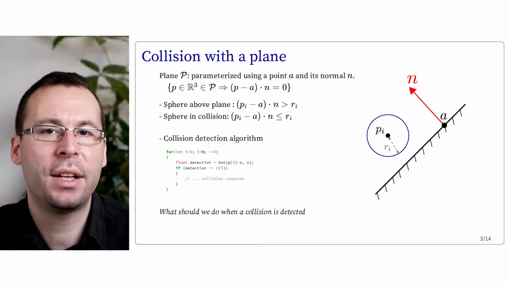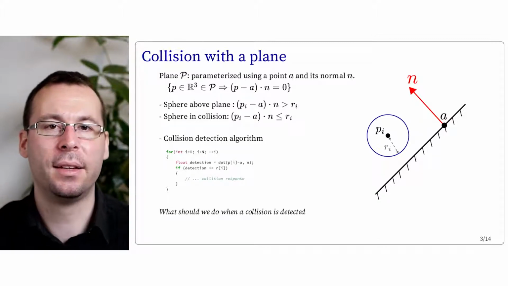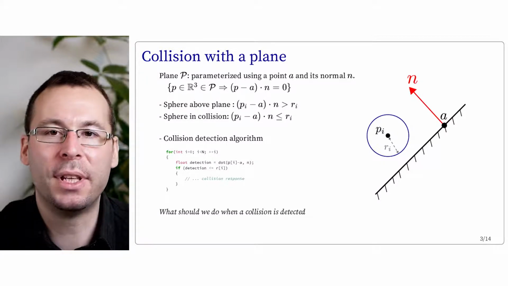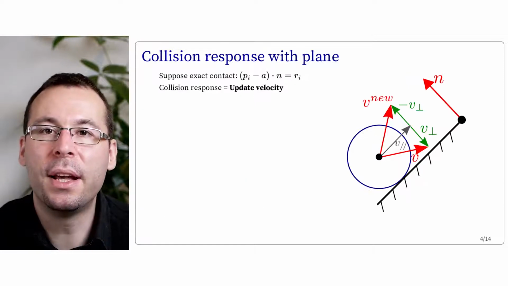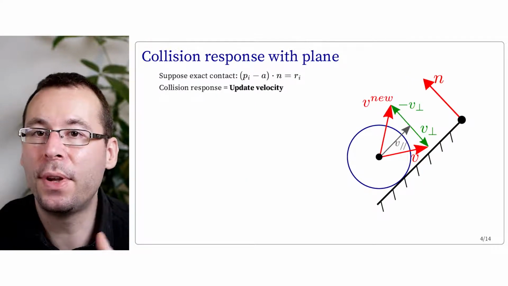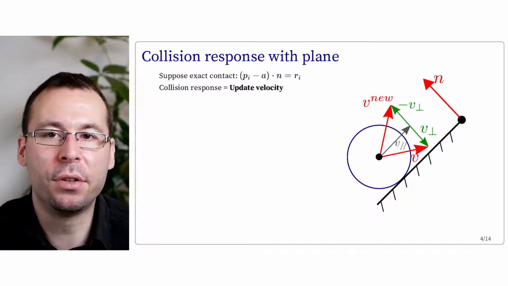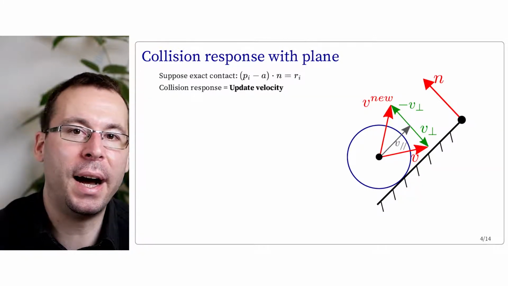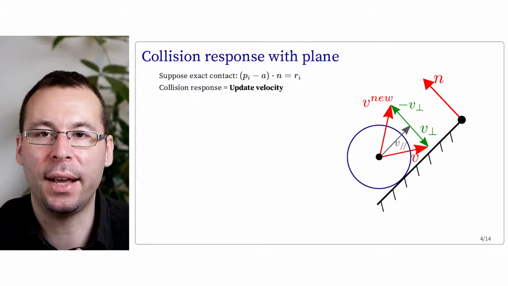Using our sphere model, we would like the sphere to bounce out of the plane. So what can I do to model that? The trivial idea is to adapt the velocity of the particle. Let us suppose that the particle is in contact with the plane, so we have (p_i minus A) scalar n equal to the radius r_i.